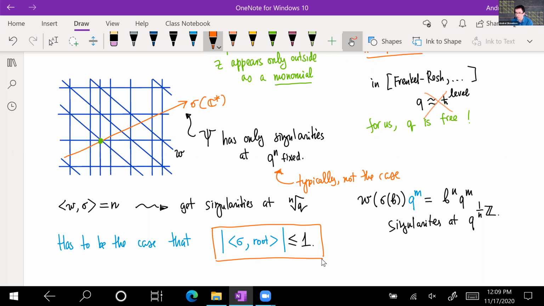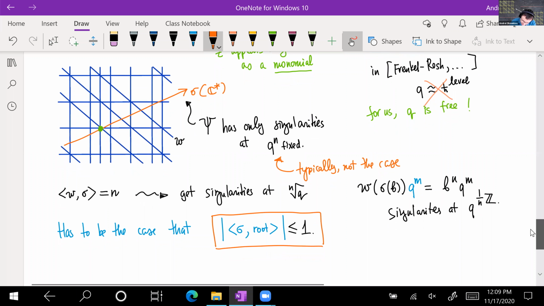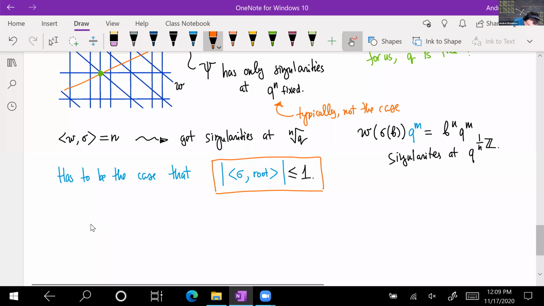If I have a co-character that pairs to at most 1 with every root, it has a name: sigma has to be minuscule.